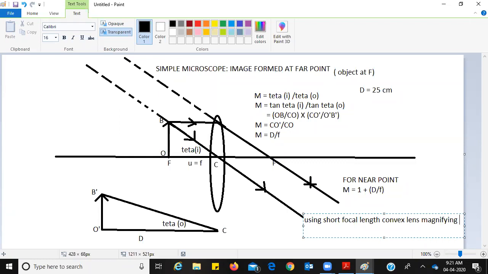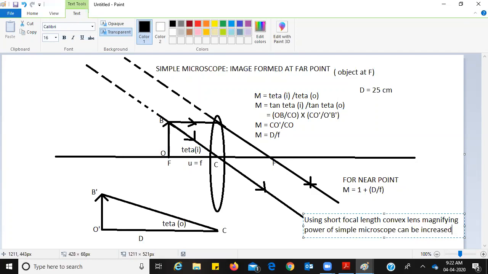No, aperture doesn't decide the focal length. There is only one factor, right? Focal length is the main term in the magnification. Yes, sir. Using a short focal length convex lens, the magnifying power of a simple microscope can be increased.